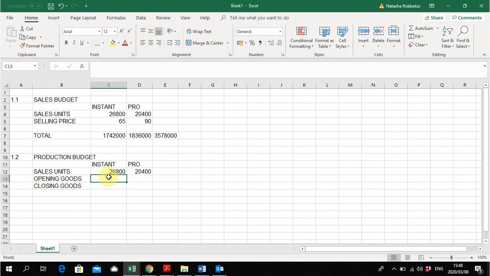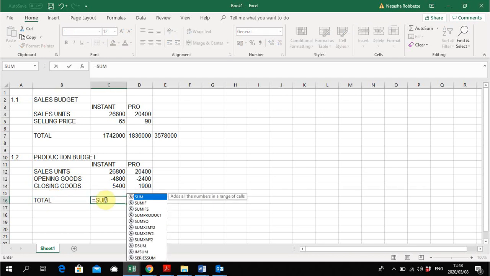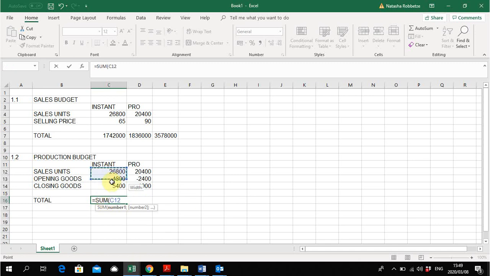For the opening stock, it's 4,800 that I am deducting for Instant, and for Pro 2,400. The closing goods, I'm adding back 5,400 as well as 1,900 units. Please note how we use the finished goods when we are calculating the production budget.